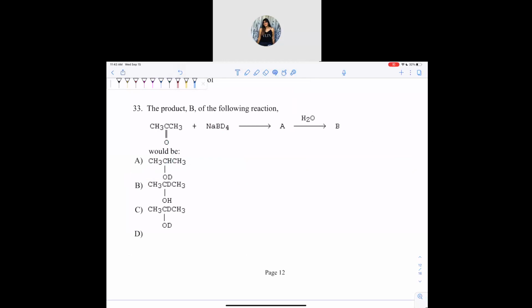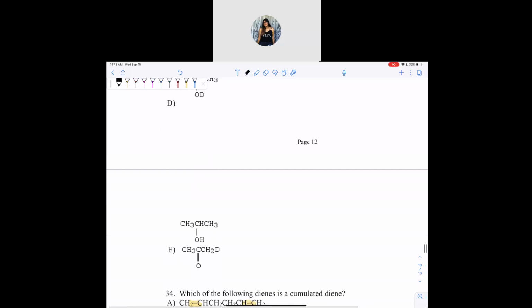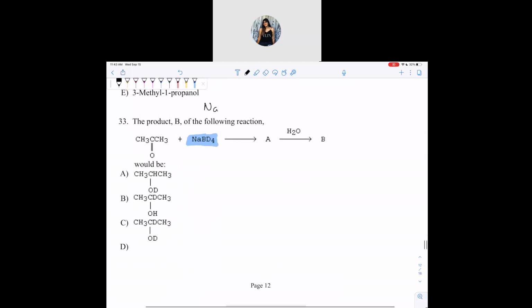Alrighty, so here we have yet another reduction question. The reason I know it's a reduction question is because NaBD4, that's just NaBH4. I'm so sorry. All he did is replace the hydrogens with deuteriums, and the reason he does this is to see if you know what goes where, right?